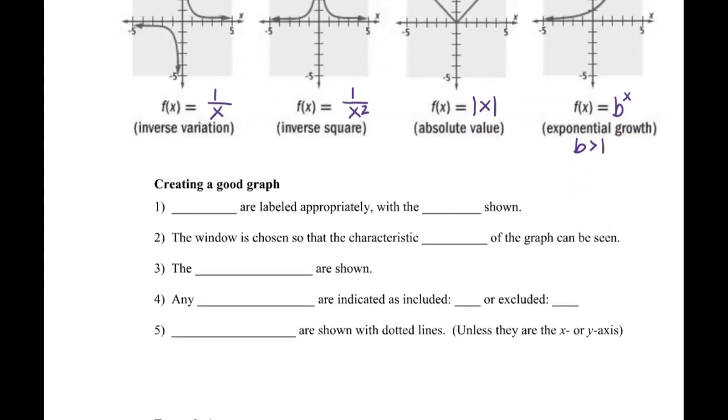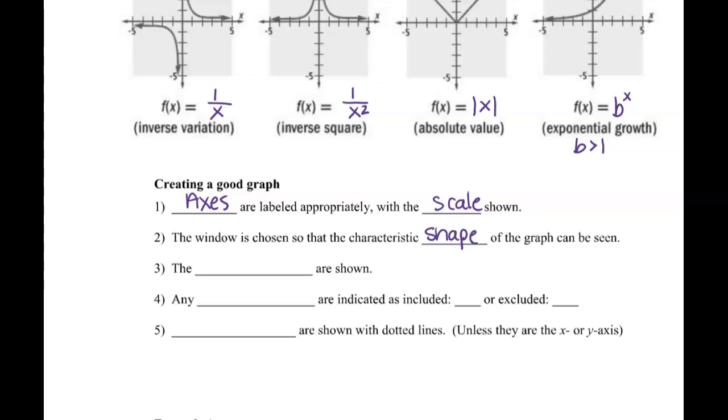Okay, in general, just when you make a graph, what makes a good graph, things to consider. Axes are labeled appropriately with the scale shown. The window is chosen so that the characteristic shape of the graph is visible.